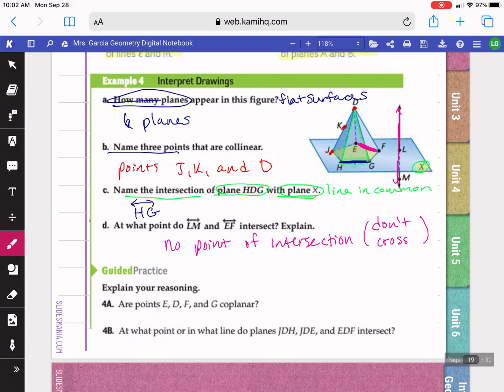Question 4a wants to know if points E, D, F, and G are coplanar. So are E, D, F, and G coplanar? So I'm going to erase a little bit of what I've done here. And we're going to check if E, D, F, and G are coplanar.